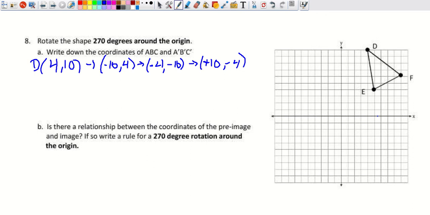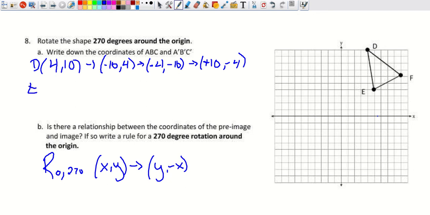Okay, so what actually happened again? The rotation about the origin, this time of 270 degrees. Turn the point x, y into the point y, negative x. So actually, this is kind of an op and swap instead of a swap and op. Kind of interesting. So E, which was the point 5, 4.